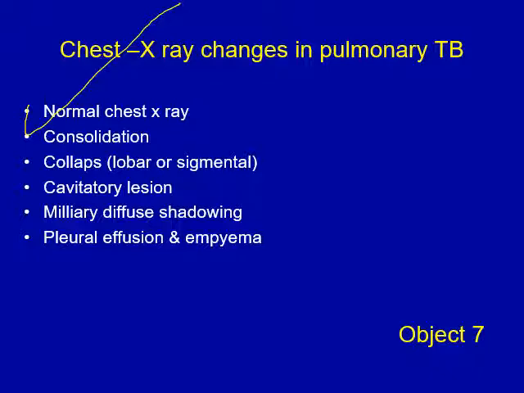Or there is unresolving consolidation, or there is collapse. This collapse may be lobar or segmental. There may be a cavity, or merely diffuse shadowing, or there is pleural effusion or empyema. These are the features which appear on the chest X-ray.